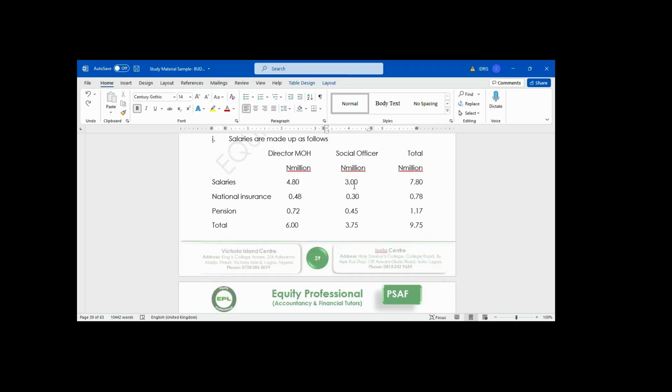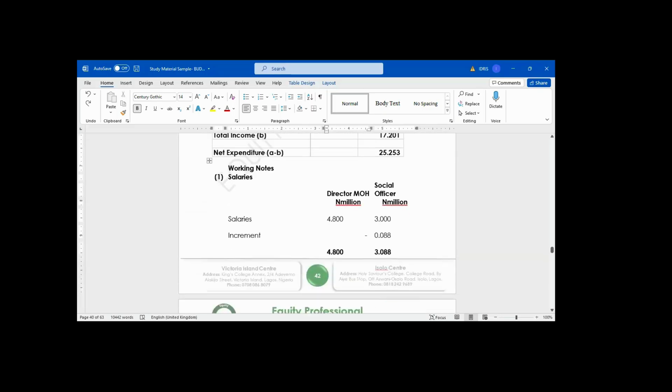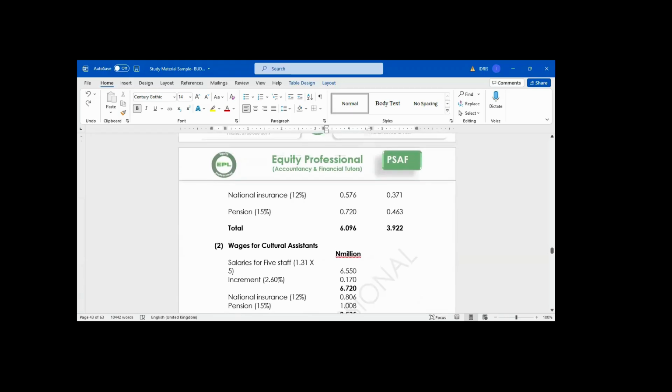For 2017 that we are doing the budget, how much is the national insurance rate now? It increased from 10% to 12%.